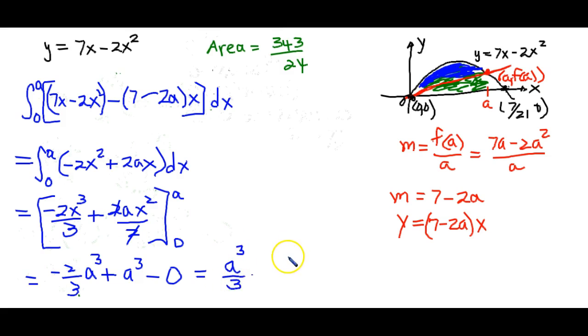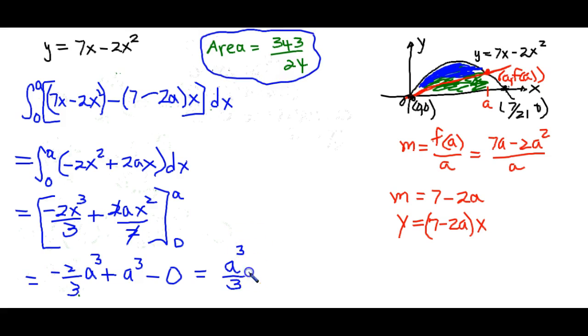So what I've just found was this blue region here. That's the area between the top of the curve, the parabola, and the line that we're trying to find the slope of. Now, remember that the shaded region in blue is equal to half of the region that we shaded in green, which is the area that we have up here.